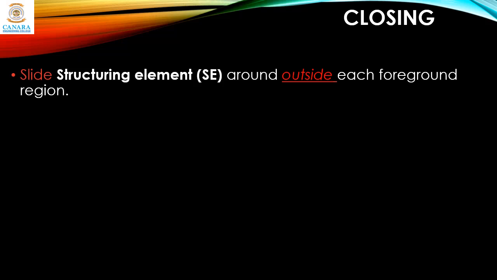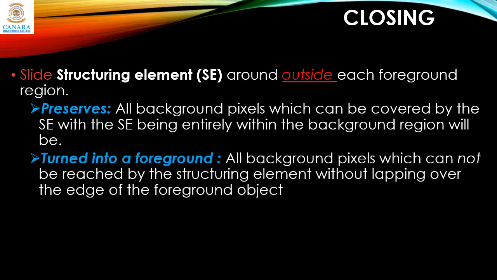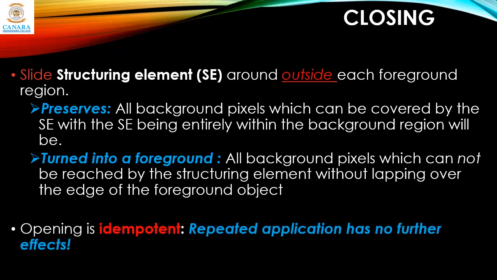All background pixels which can be reached by the structuring element, with the structuring element being entirely within the background region, will be preserved, and all the background pixels which cannot be reached by the structuring element without overlapping the edge of the foreground object will be turned into foreground. So it will extend somewhat. Opening is idempotent, similar to closing, so that means a repeated application has no further effects.